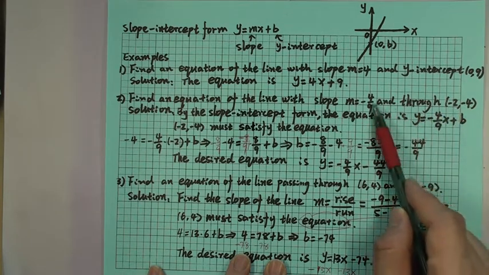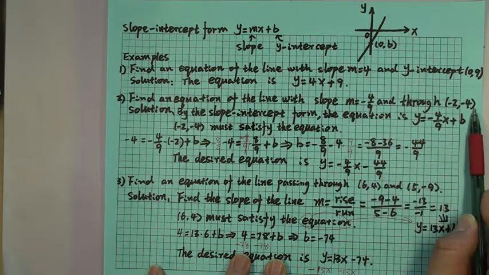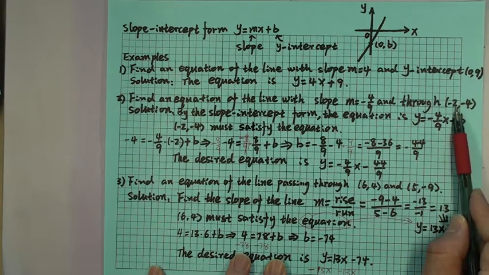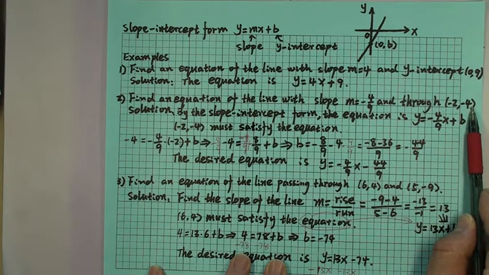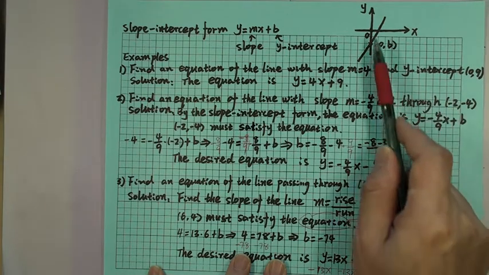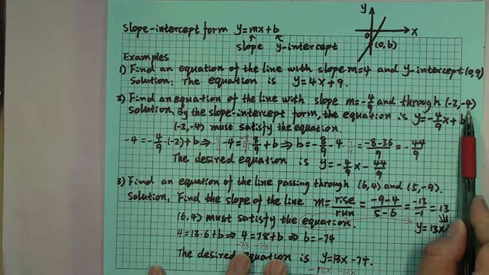So we are given the slope the same, but this point is no longer the y-intercept. It's -2, -4. If here were 0, then that would be a point on the y-coordinate. So how are we going to handle this case?